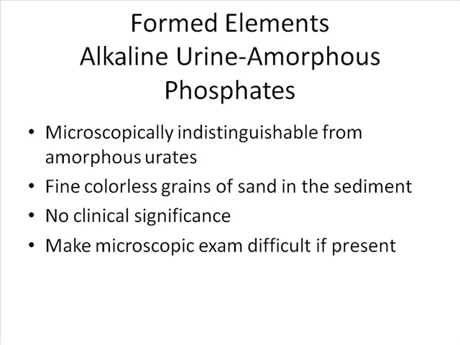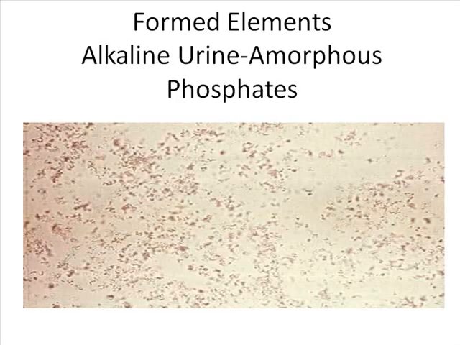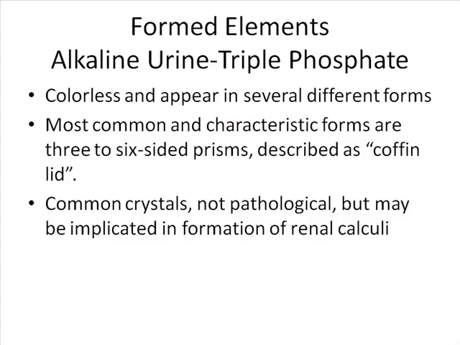All right, now for alkaline urine, we see then the amorphous phosphates. That is that white stuff, and it's a huge amount of white sediment in alkaline urine. And when you put it on the microscope, it once again covers the field and you can't see anything. All right. Now, triple phosphate is the one that looks like a coffin.